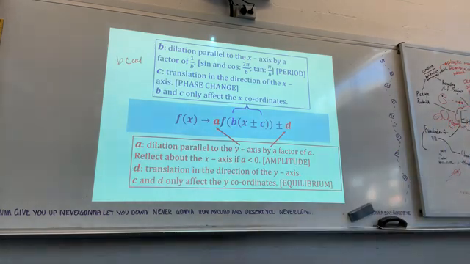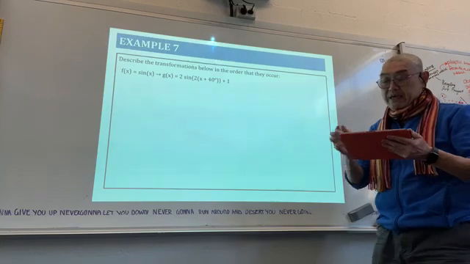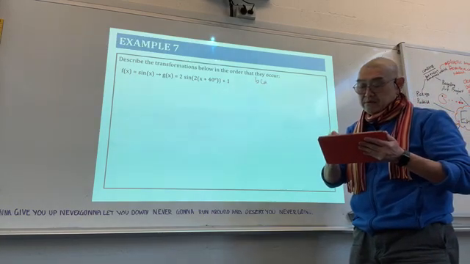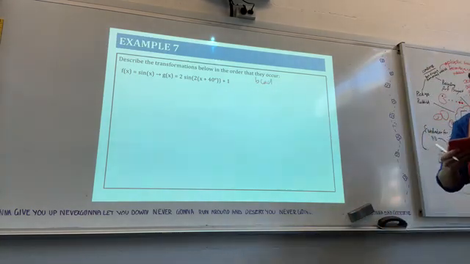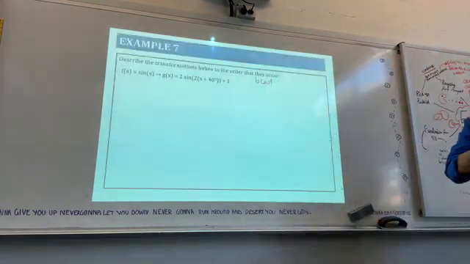Alright, so now, like I say, example 7. Oh, I can do example 7. Describe the transformation. How do you describe the transformation? Let's start off with BCAD. Alright, BCAD, what is B? B is dilation parallel.